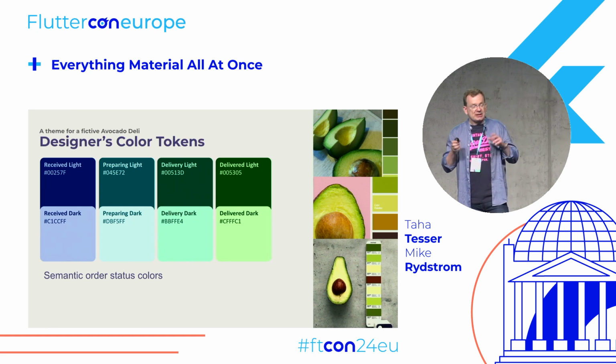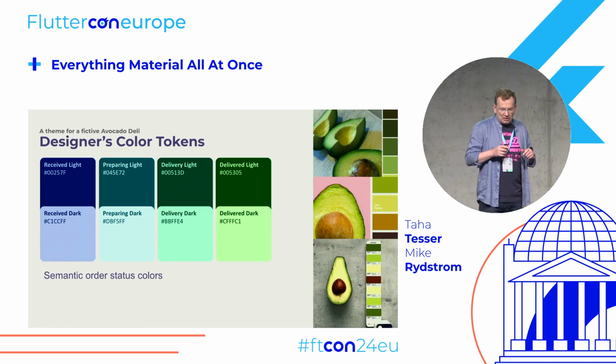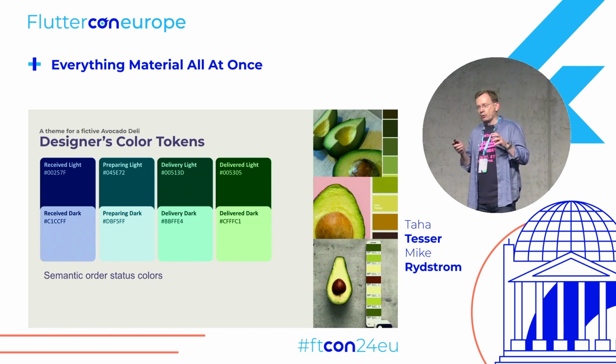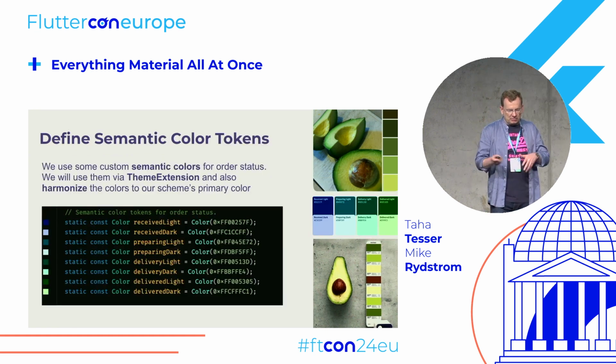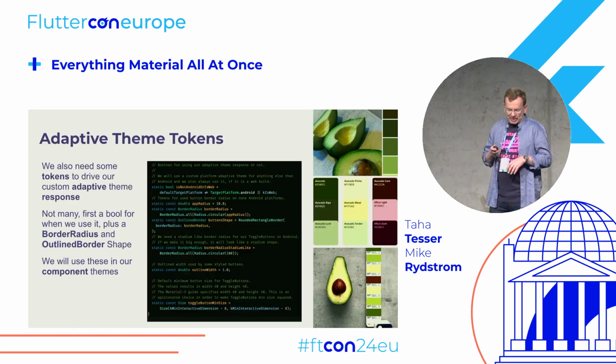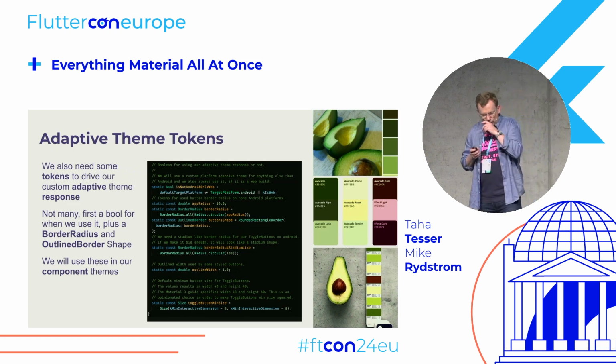We also have semantic colors, colors with meaning. They will have things like order received, preparing, delivery, delivered, and they have some colors for that. This we are going to tune and harmonize to the color scheme a little bit so that they fit better with our scheme. We need those values as well, so let's just grab that. And I said we're going to do adaptive theming.